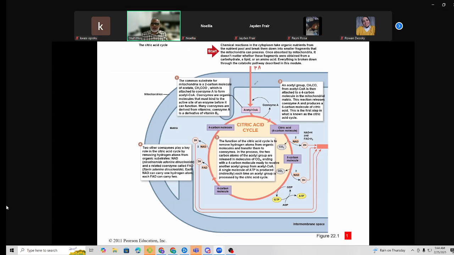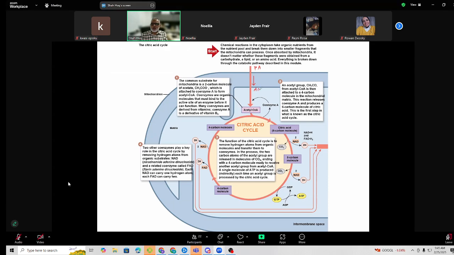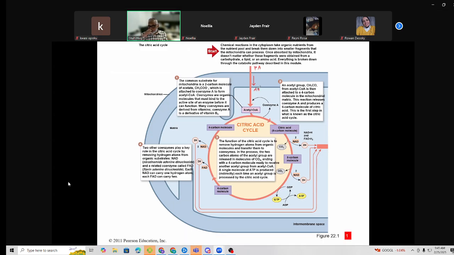It enters the mitochondria and then it is converted into acetyl-CoA. First, it will convert into acetic acid or acetate. Okay, acetic acid, a good example is vinegar. Vinegar is the acetic acid.